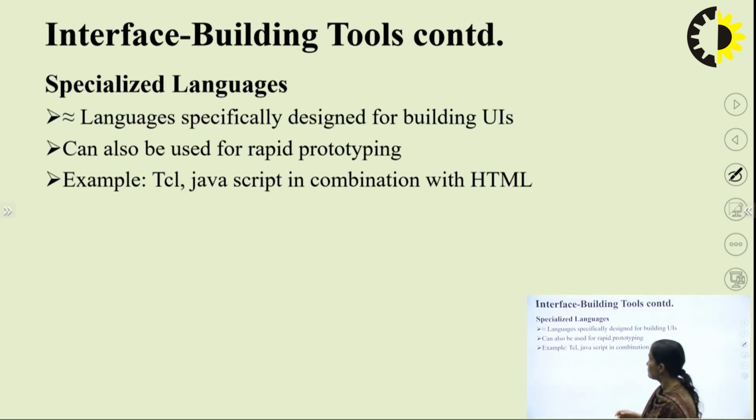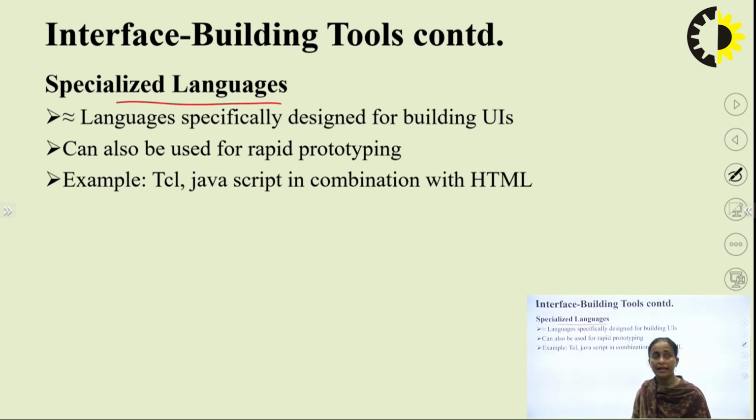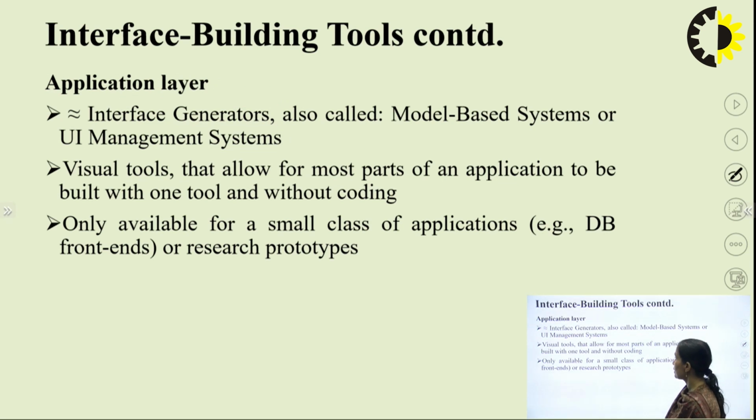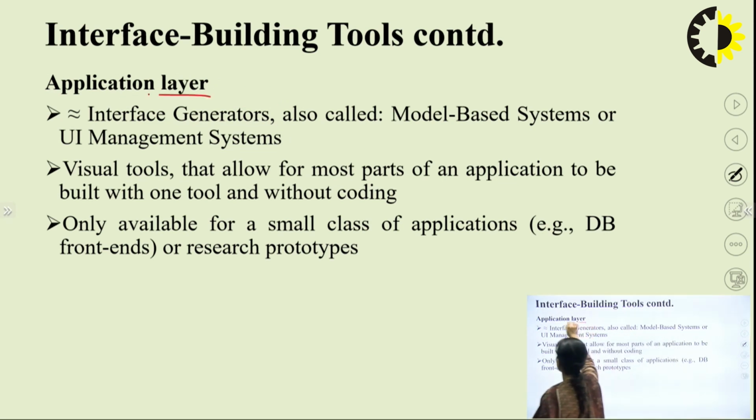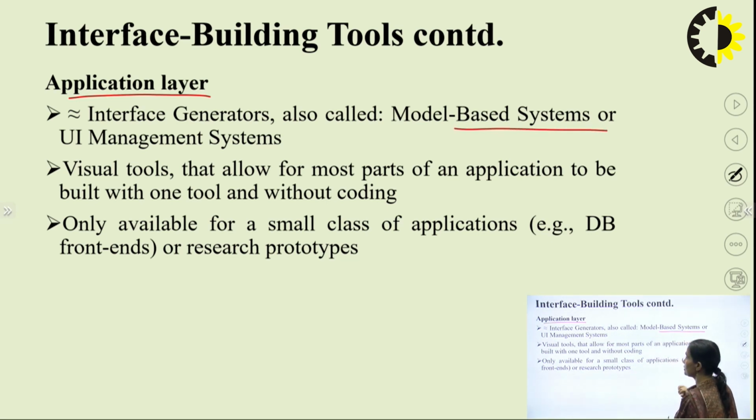Then there are certain specialized languages, means languages specifically designed for building UIs, and they can also be used for rapid prototyping. The example is JavaScript in combination with HTML. Then moving on to the application layer, means interface generators, they are also called model based systems or UI management systems.